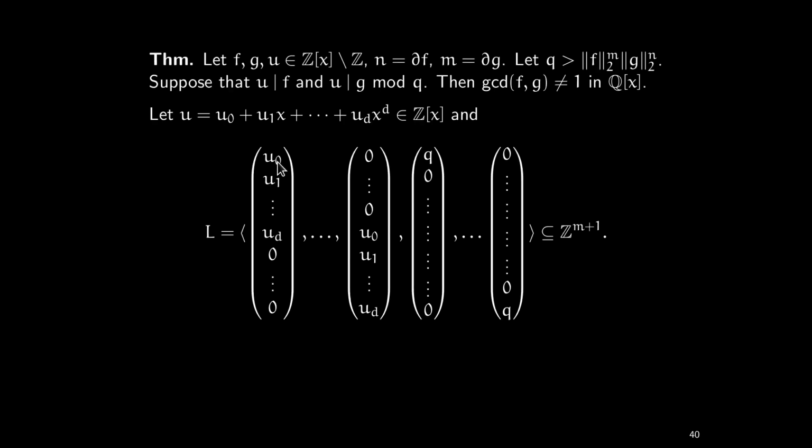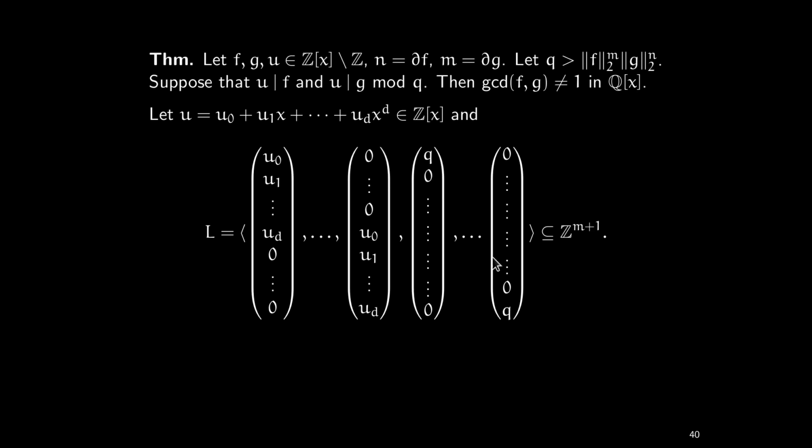So the coefficient vector of u is this one, and then the coefficient vector of x to the something times q is the same, just shifted a little bit like in the Sylvester matrix. But then you also have to tell LLL that everything is taking place mod q.